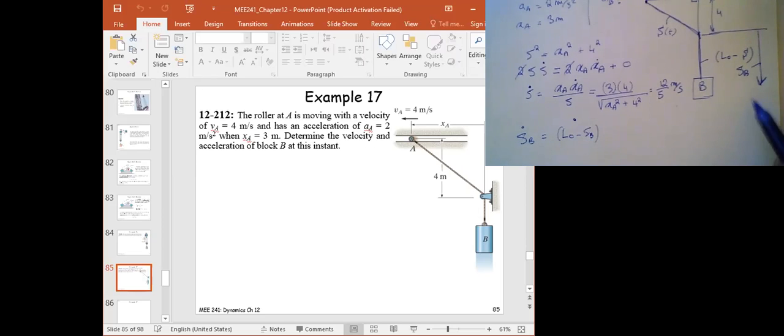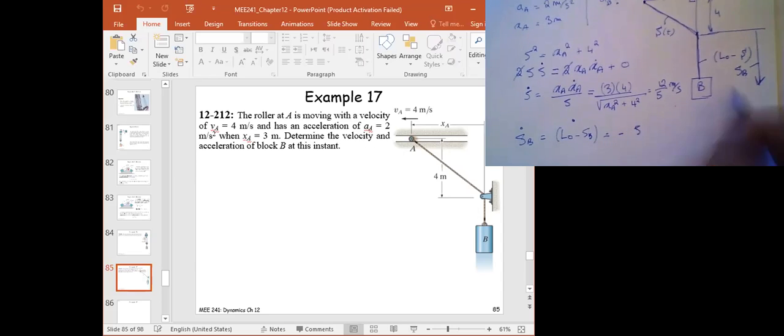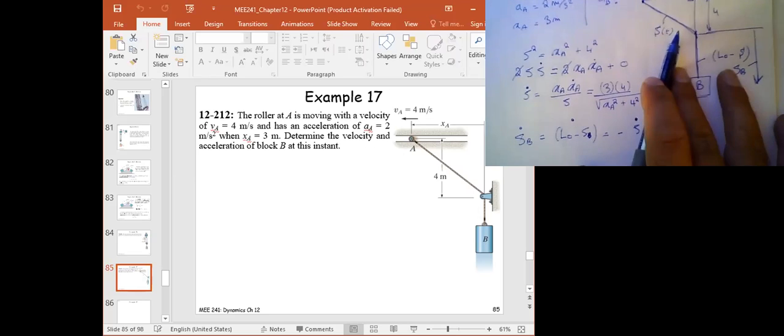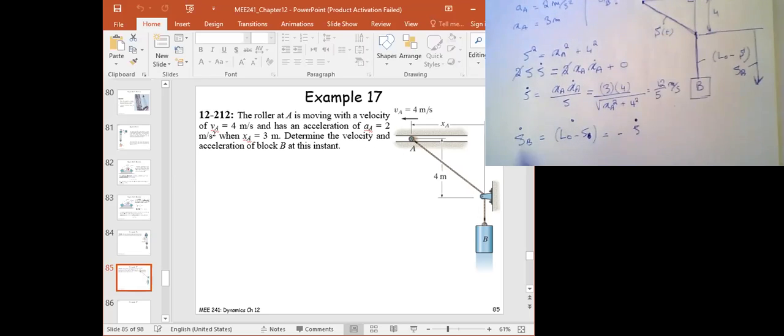So SB is going to be equal to L0 minus S. If I'm differentiating that, I know L0 is not changing. So SB prime is going to be equal to minus S prime. Okay. So if S prime is increasing, what happens to SB prime? It's going to be decreasing.